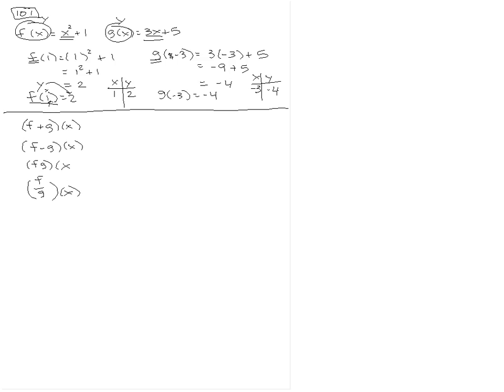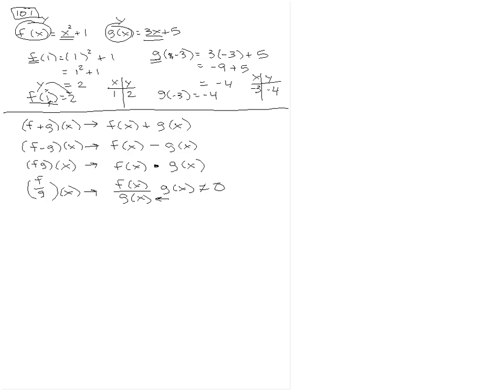This means take f of x and take g of x and add them together. This means take f of x and g of x and subtract. This means take f of x and multiply it by g of x. And this means take f of x and divide it by g of x, as long as g of x does not equal 0, because remember, you can't have 0 in the denominator. Okay?